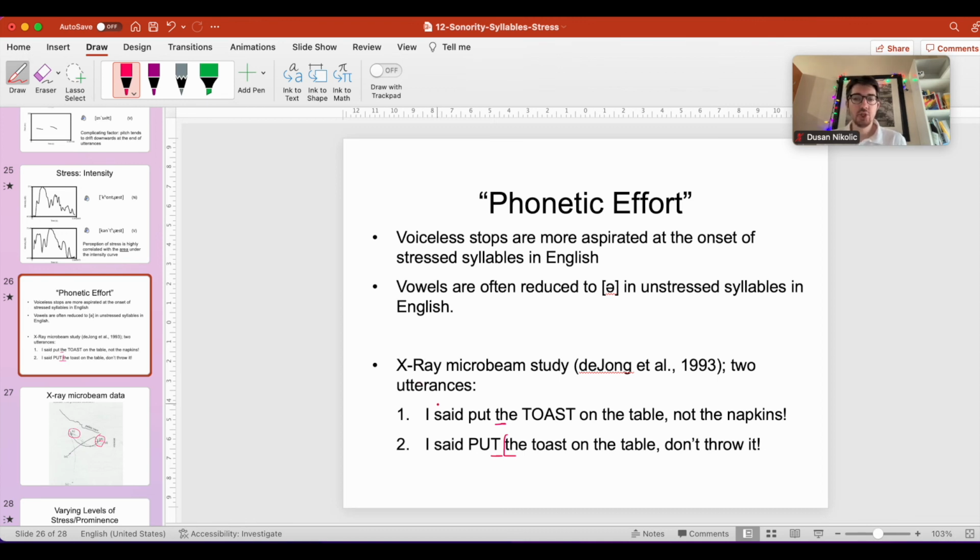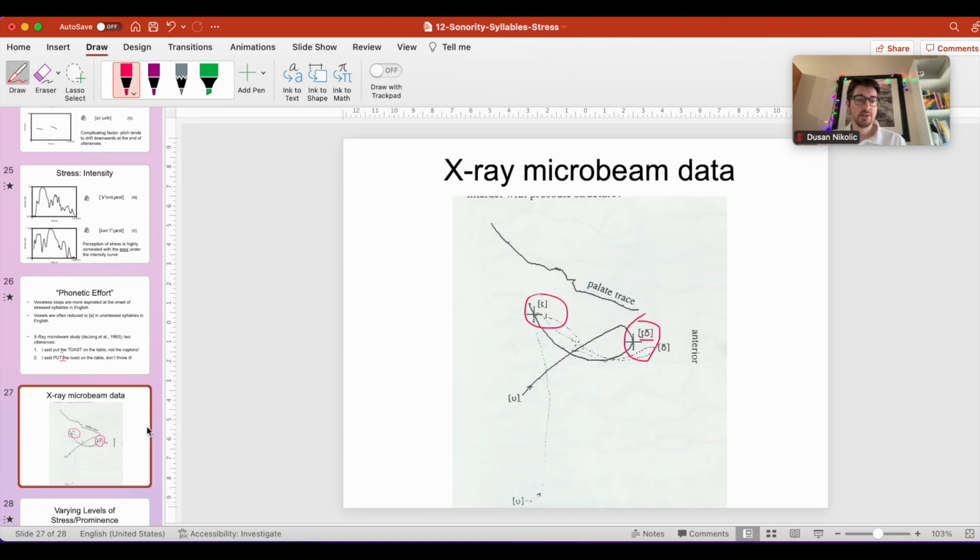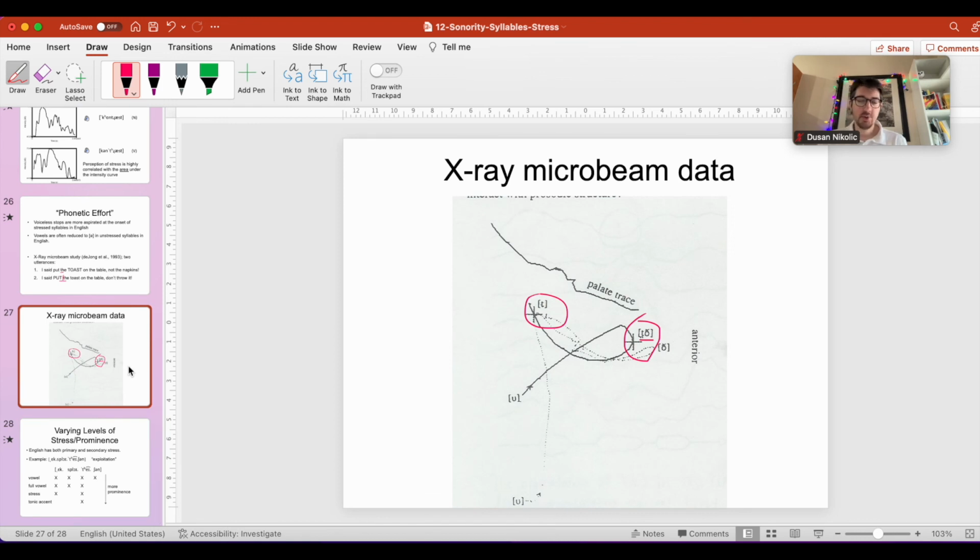Put the toast on the table. I said put the toast on the table, right? As a non-native English speaker, maybe it might be more difficult for me, but you can definitely produce it more naturally, and you might even feel the difference, right? So that's what the study generally observed.